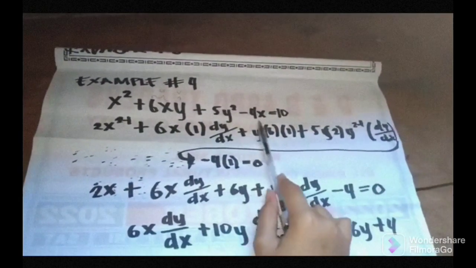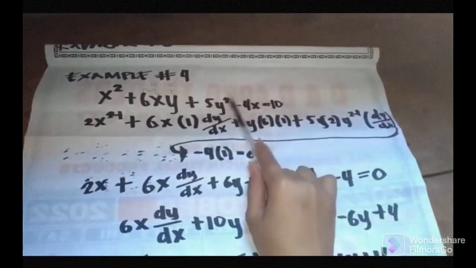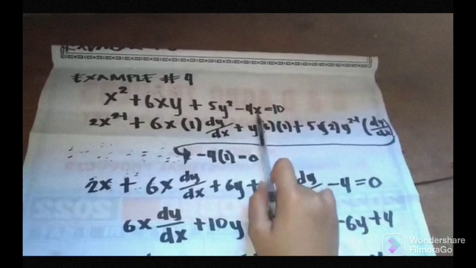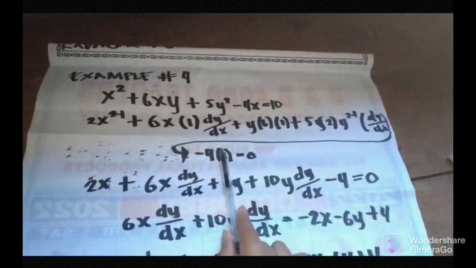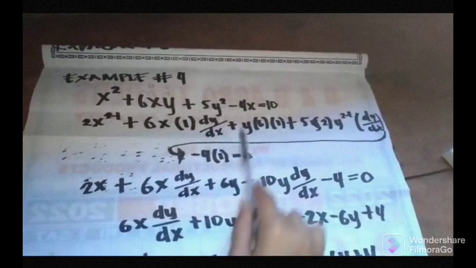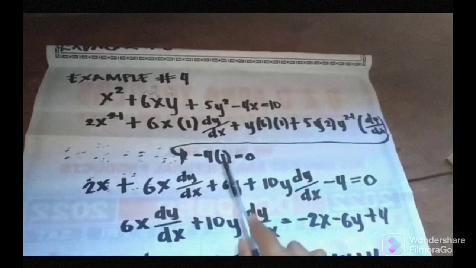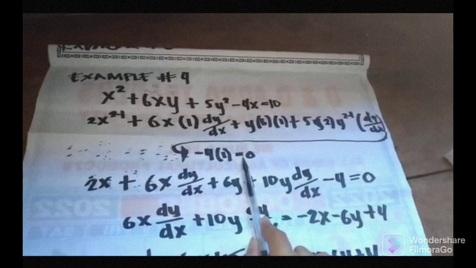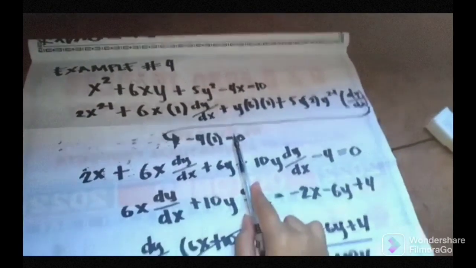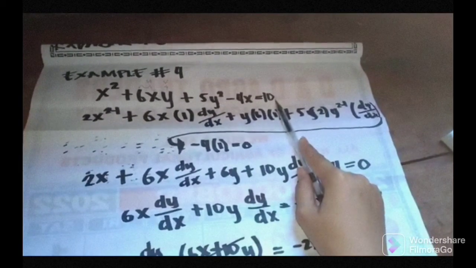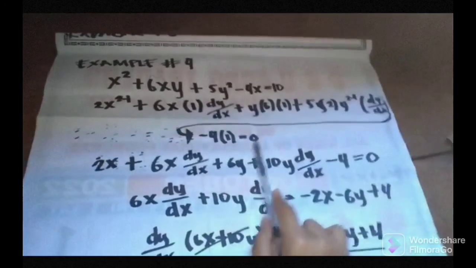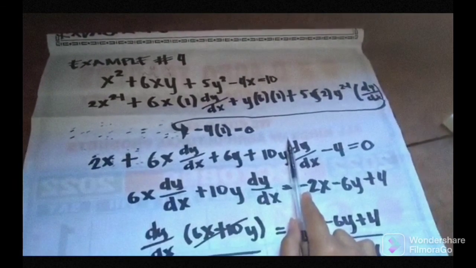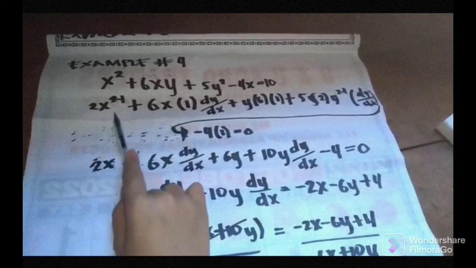Then proceed to our fourth term, minus 4 times the derivative of x, which is 1, equals to 0, because the derivative of 10 is equal to 0. Our next step is to simplify this.